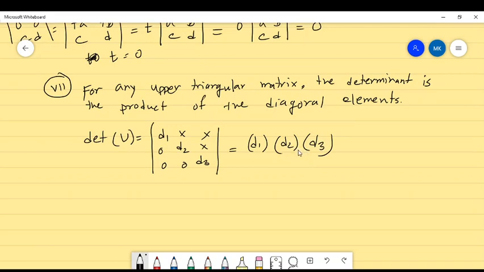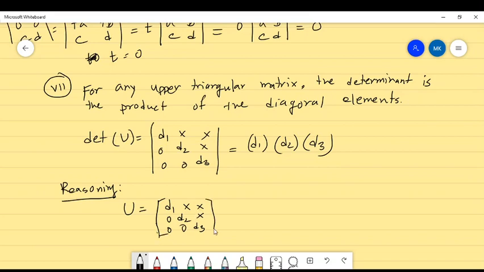So what should be the reasoning? The reasoning can be, let's say you have the U, which is this one, so d1, d2, d3, and we have these values here. Sorry, this thing should be 0, right? For any upper triangular matrix, there should be zeros there. 0, 0, 0.